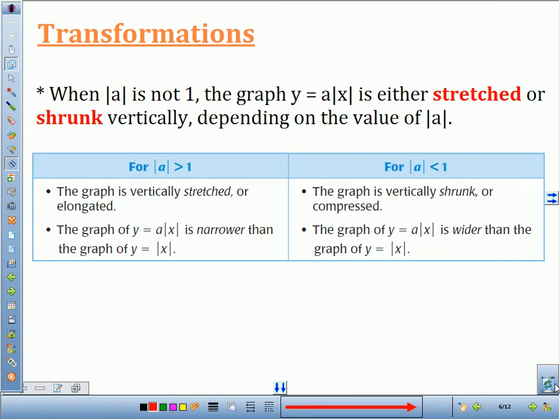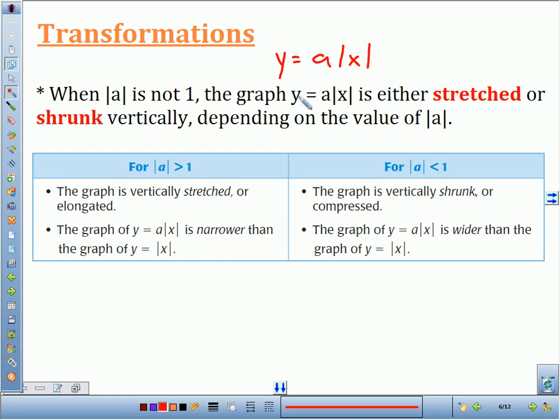When we're dealing with transformations, which are what we call a change in the equation that actually changes the shape of the graph, for absolute value functions, we're looking at the absolute value of a. And our equation would normally look something like this. Y equals a absolute value of x.